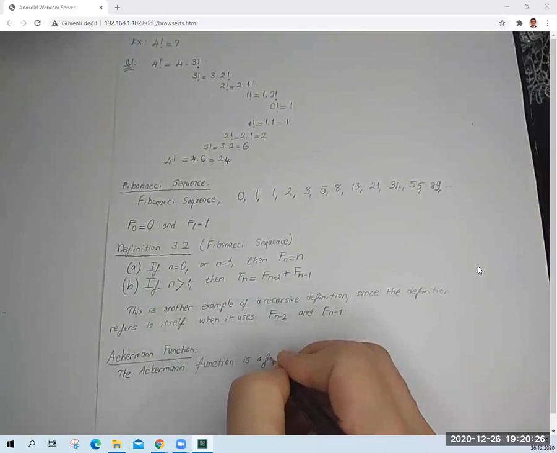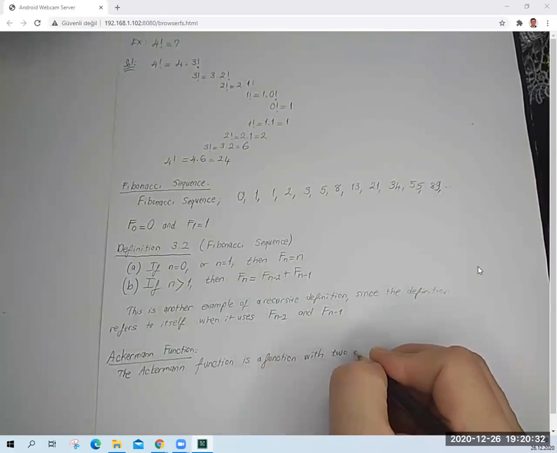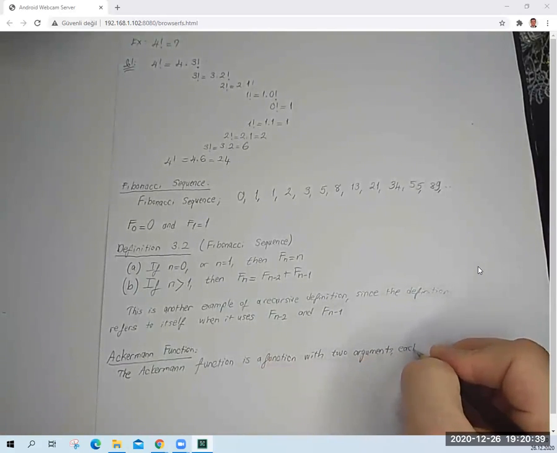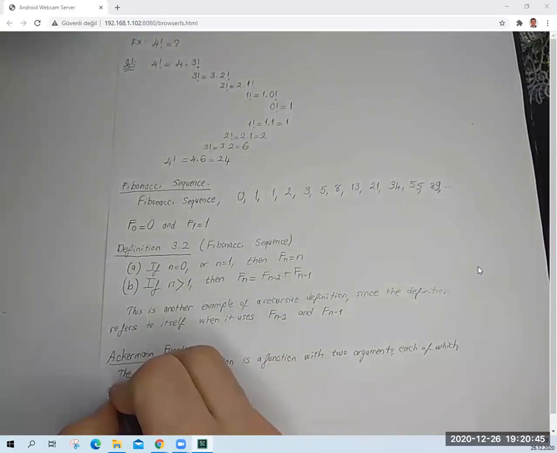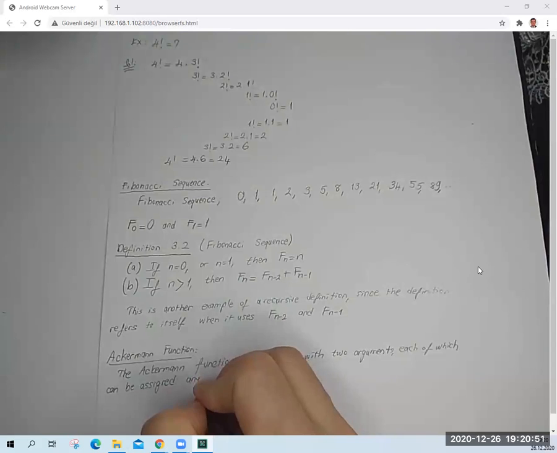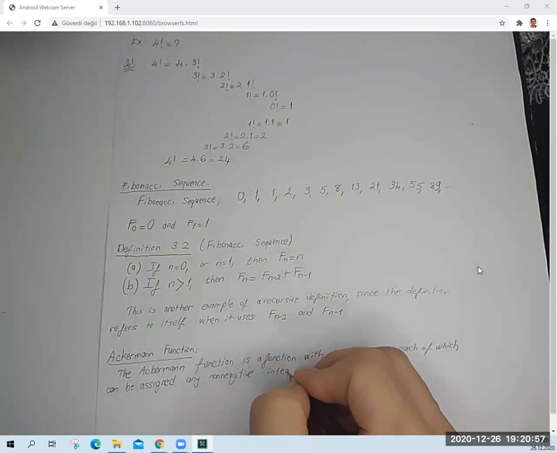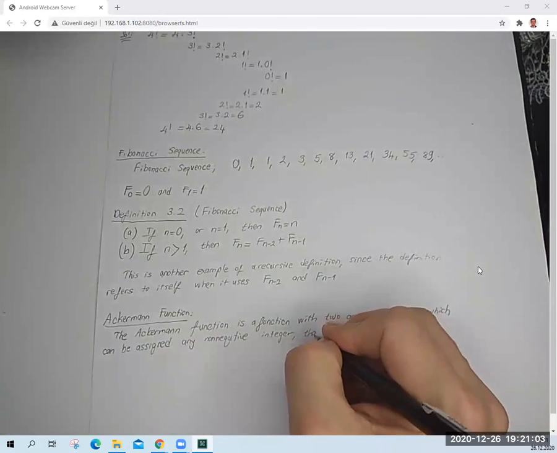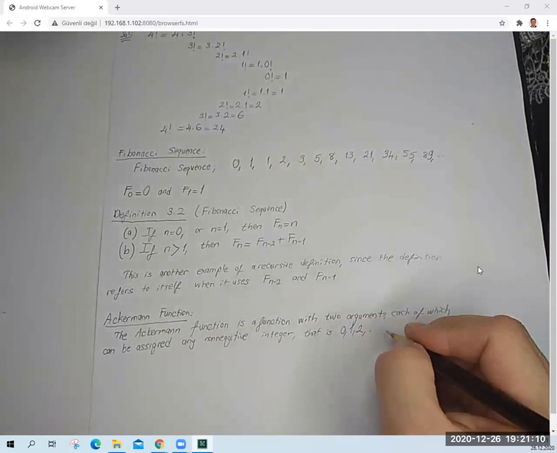It is a function with two arguments, more than one argument, each of which can be assigned any non-negative integer, that is 0, 1, 2, something like that.